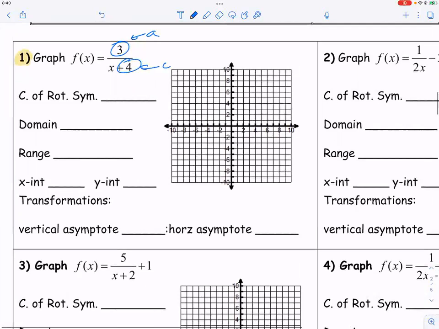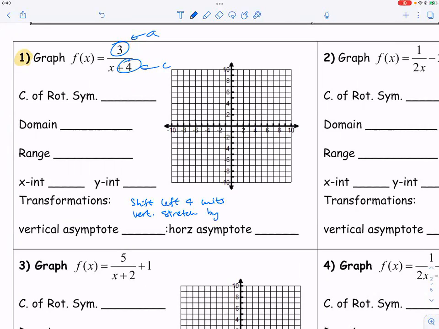So the transformation in this case would be that it shifts to the left for 4 units, and then it's being vertically stretched by a factor of 3.